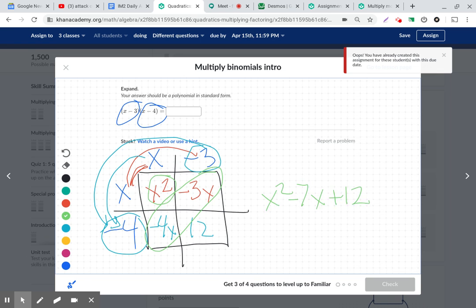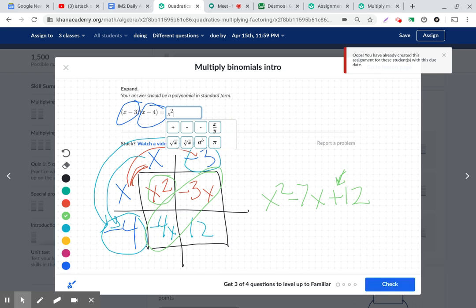When there's nothing to combine, like the 12, it's going to be plus 12 because you're adding everything inside. So you would type here x squared and then minus 7x and then plus 12.